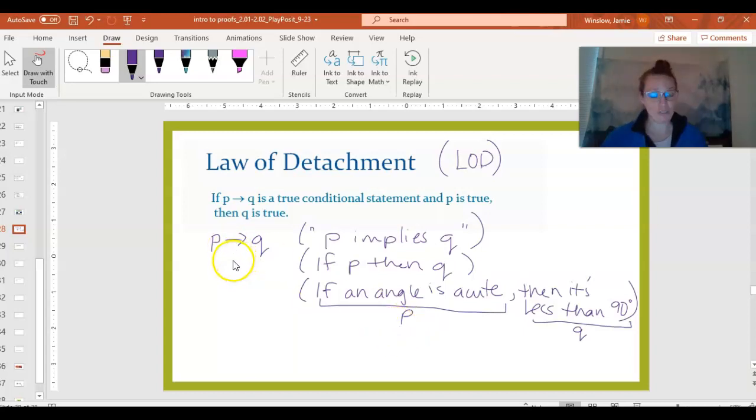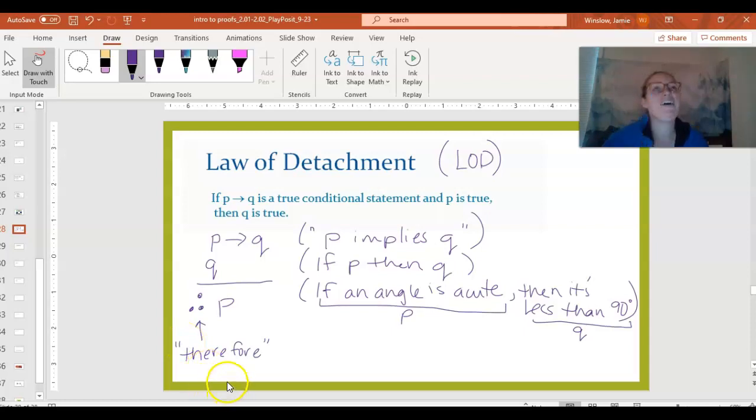If that's true, and P is true, then we're going to use three little dots. These three little dots in math speak stand for therefore. You'll see them a lot at the end of proofs. And again, it's just a shorthand.